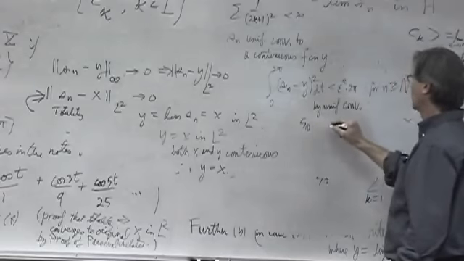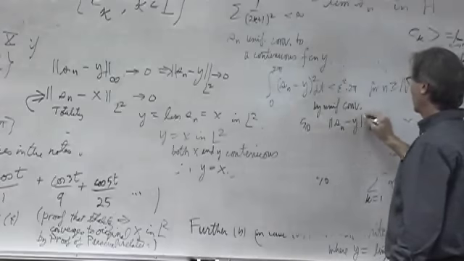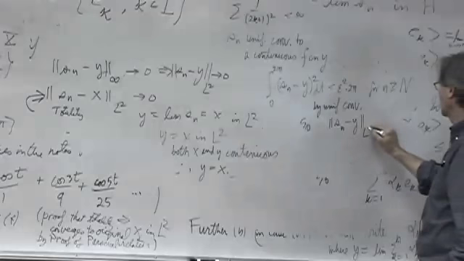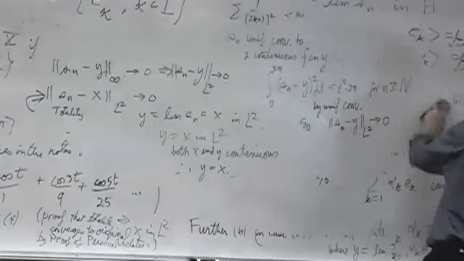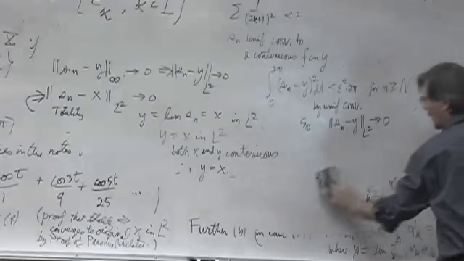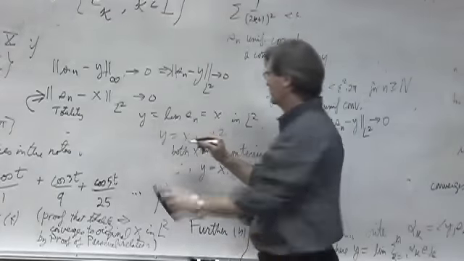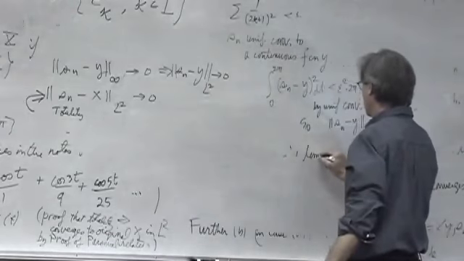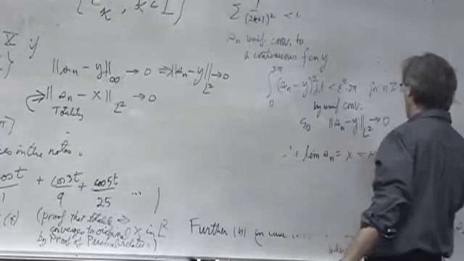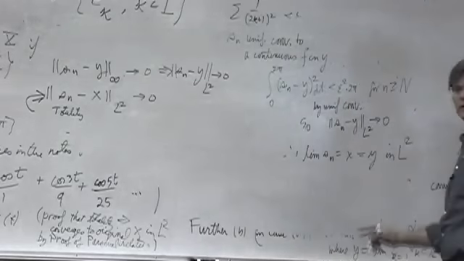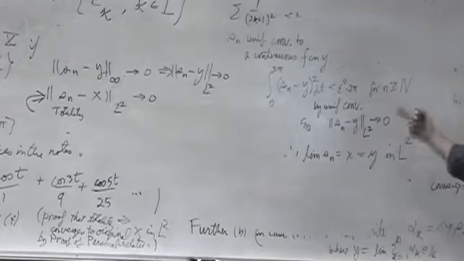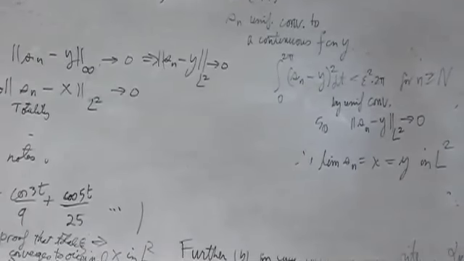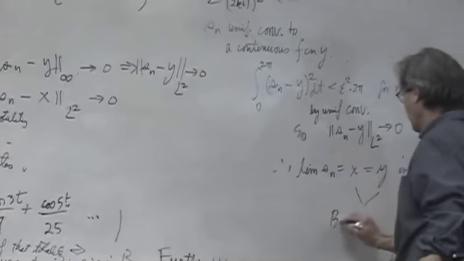That's because I'm on a finite interval here. Therefore, Sn minus y in L2 goes to 0. So the limit of Sn equals x equals y in L2. Two continuous functions equal in L2, we mentioned already, had to be equal.